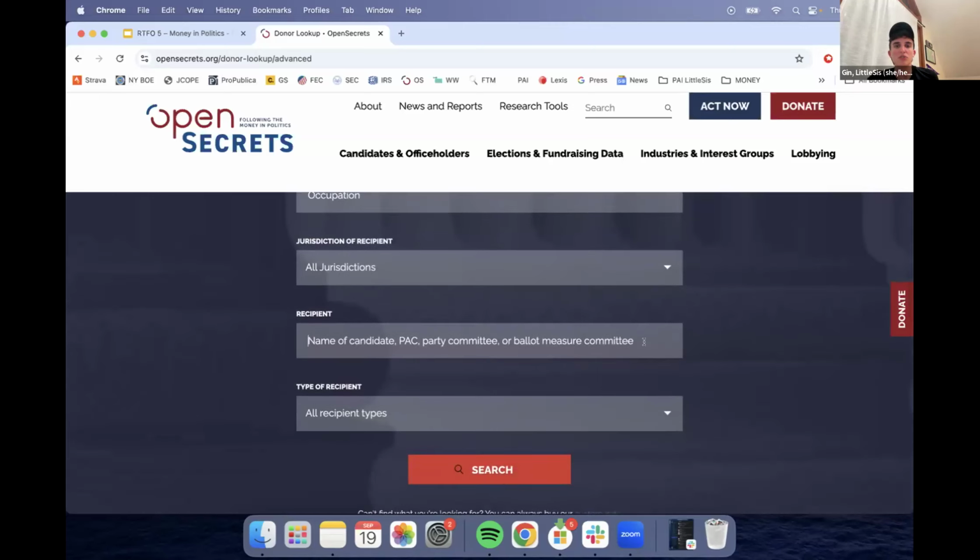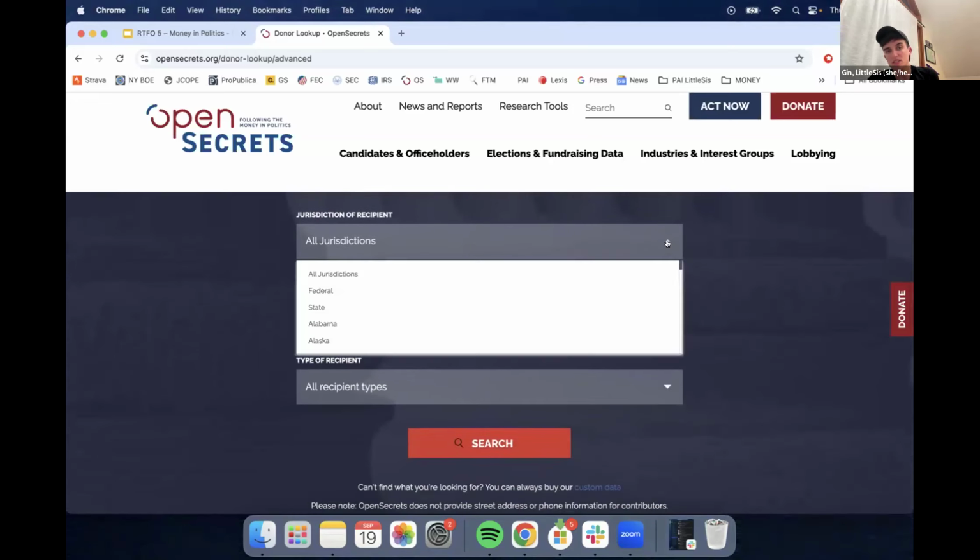But when it comes to the jurisdiction of recipient, so this is the jurisdiction of the person receiving the money, you can choose if you want to look at all jurisdictions, federal jurisdictions, state, or a specific state.